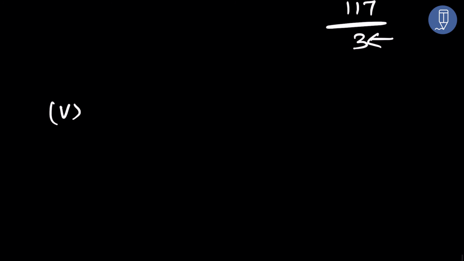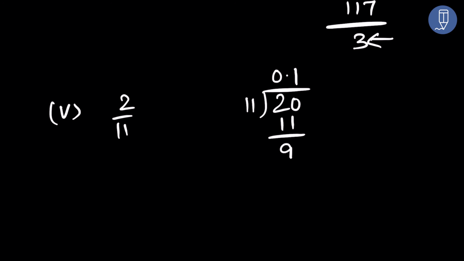Part 5 now. Part 5 is 2 upon 11. So we write down 2 divided by 11. 0. This becomes 20. 11 into 1, 11. This becomes 90. So 11 into 8. This gives you 88. Remainder is 2. Again, you get the remainder which is same as the number from where you started. These are same.